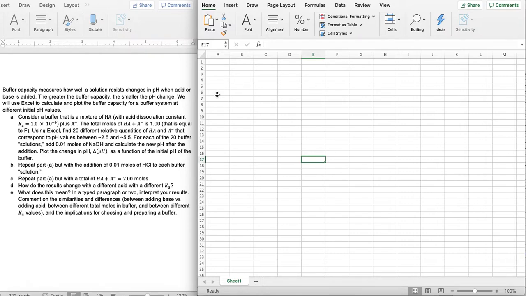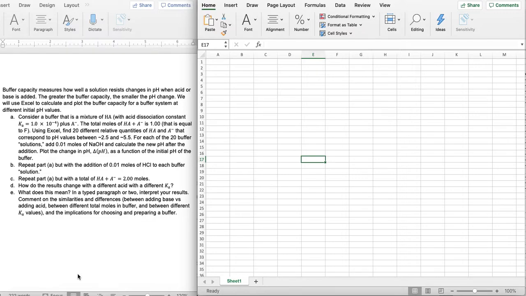I want to use Excel to solve this for a bunch of different starting scenarios, a bunch of different ratios of base to acid, and see how much the pH changes when we add a set amount of, let's just say, base, depending on the initial ratio. So I have a question off to the left, and we're going to work through this whole question, or at least as much as we can.